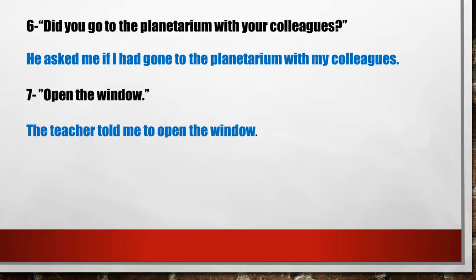The teacher told me, ordered me, asked me to open the window. So if the sentence begins with a command or a verb in the base form, use "to" and then the base form of the verb, without making any changes. The teacher told me to open the window.